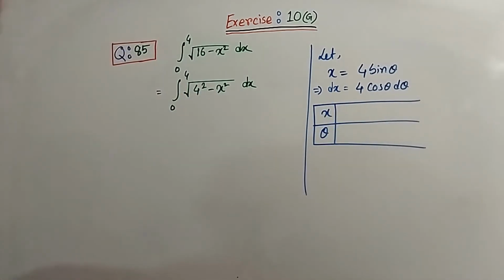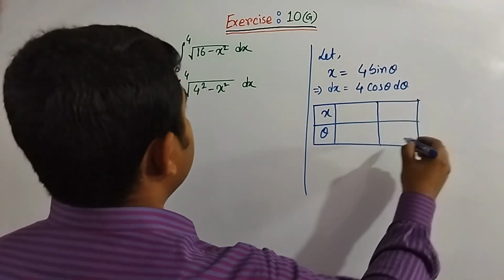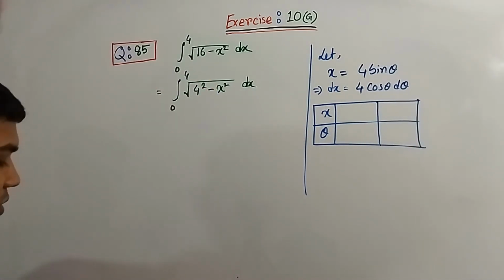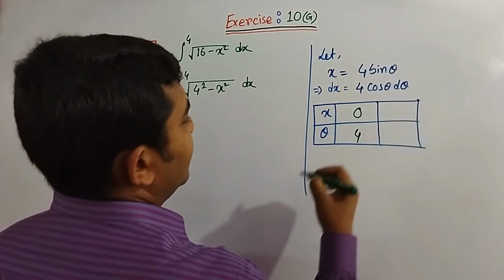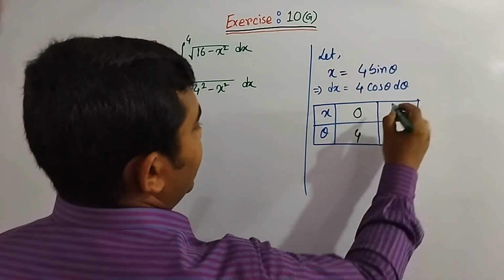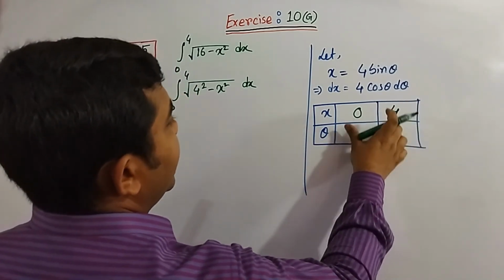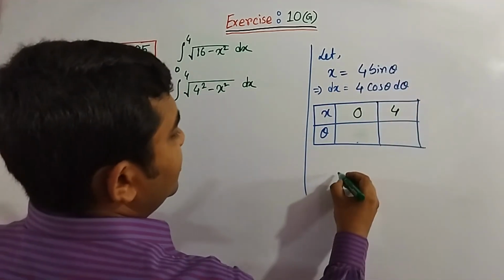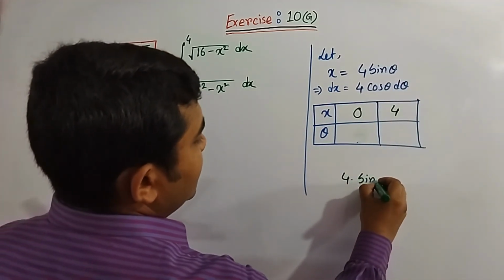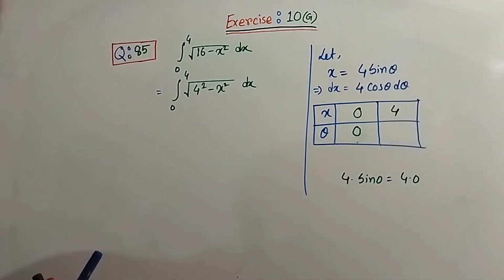Exactly. So for two values we'll get two limits, and here it is given 0 to 4, so write down here 0 and 4. Then what will you get? If we put the value of 0, it should be 4 into sine 0, that means 4 into 0, so we'll get 0.